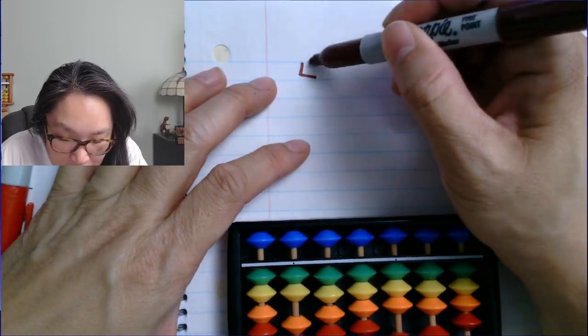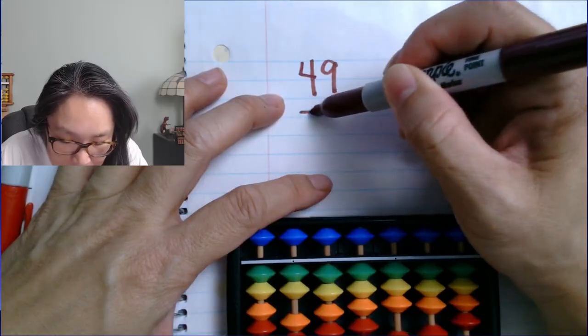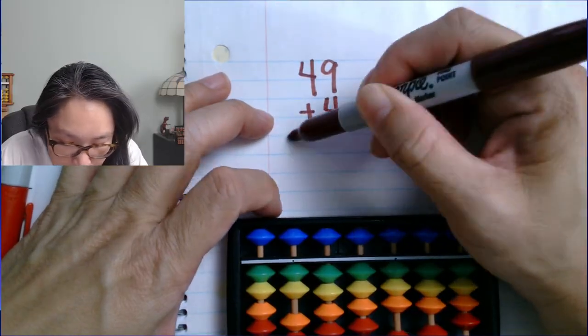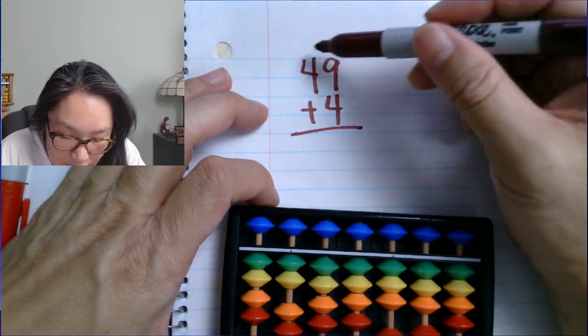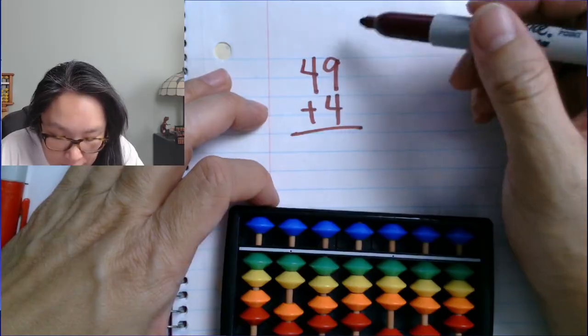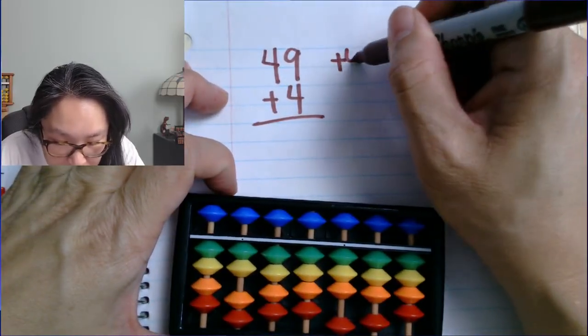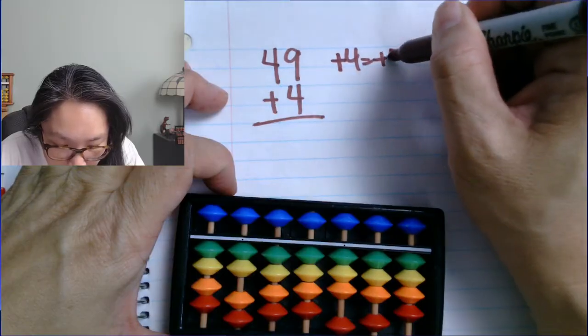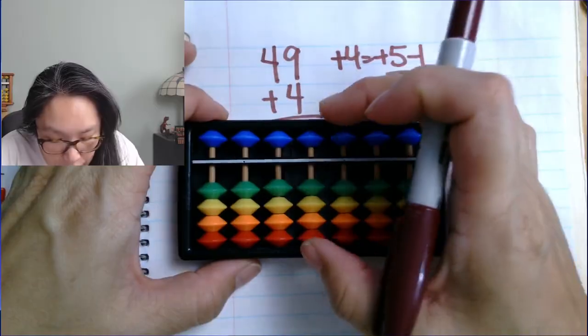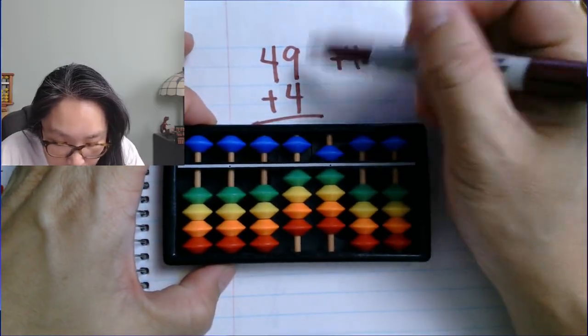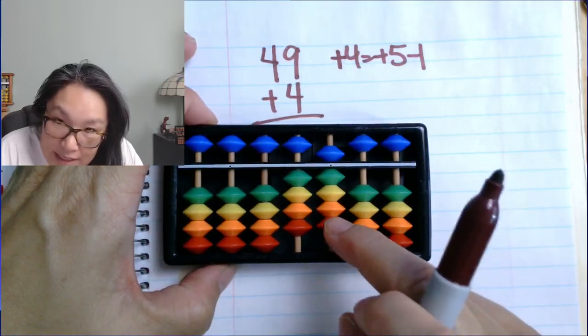So the next one is 49 plus, let's do 4. This is a little bit, why? Because now this is a two-step. We know that plus the 4 is equal to plus the 5 minus 1. So when we look at 49, we add the 4. There's not enough beads to add the 4.